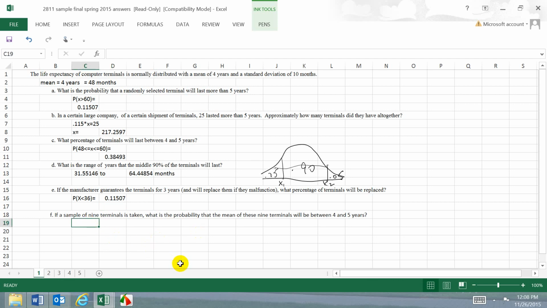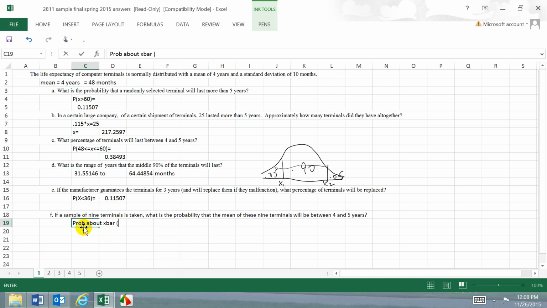Next, if a sample of 9 terminals is taken, what's the probability that the mean of these 9 terminals is between 4 and 5 years? If you're talking about the mean of the sample, now you're talking about a probability about x bar.